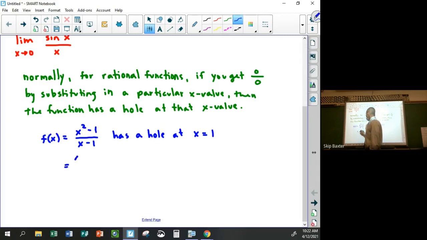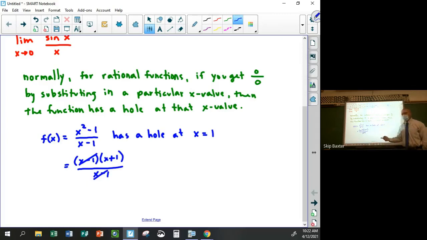You could think of this as x minus 1, x plus 1 on the top, x minus 1 on the bottom. These would just cancel, and you get x plus 1. That means this original function f of x looks exactly like x plus 1, but the original function has a hole in it at 1. To find the y coordinate of that hole, you would find the limit as x goes to 1 of f of x, which is just 2. It's what you would get by substituting 1 into this expression here.